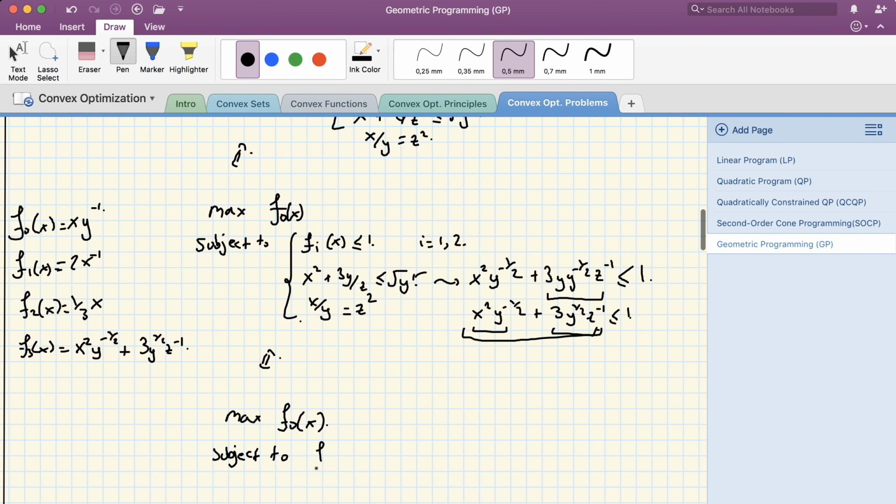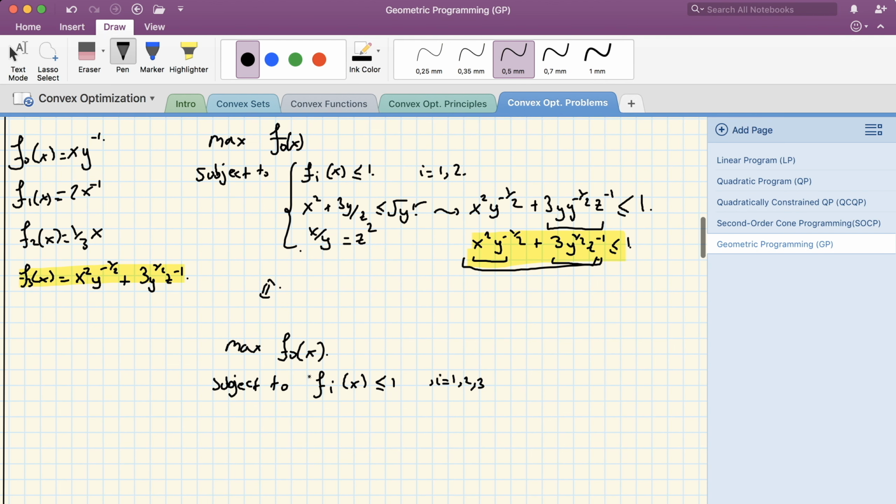Okay, fi of x less than 1. This time i is 1, 2, and 3. Where is 3? It is this one, which is here. We're left with one equality constraint, and make sure your equality constraint is only a monomial equal to 1. So let's divide by z squared.